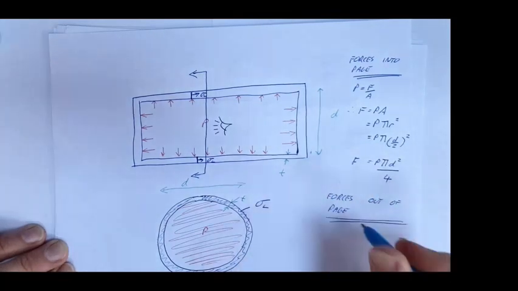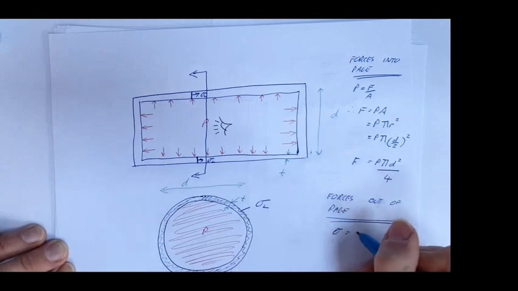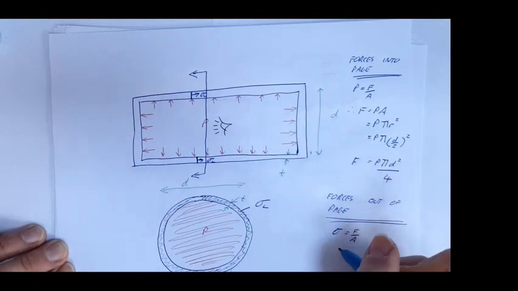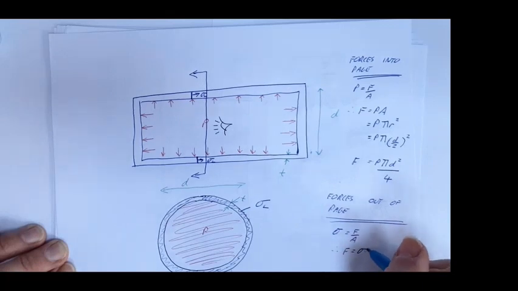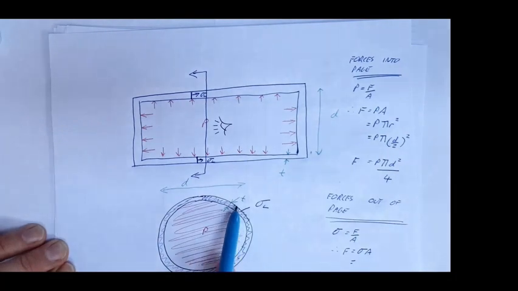caused by this stress. You know, stress is force over area. So therefore my force is simply my stress times by my area, which we could work out as that outside circle and subtract that inside circle to get my area. But given the fact that this is a small thickness, that is very close to the circumference times by the thickness.